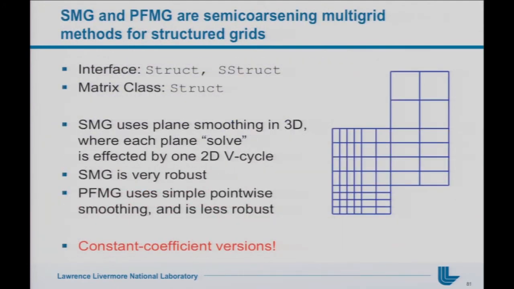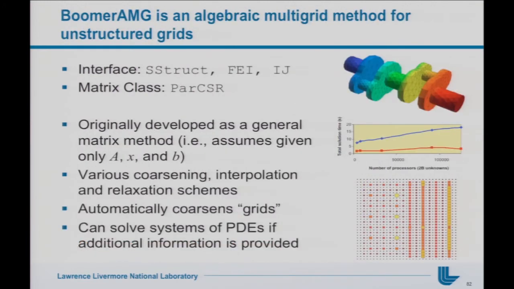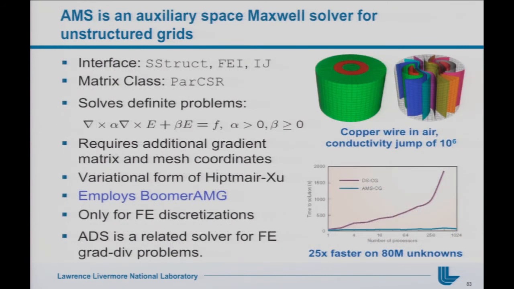Here's an example of how you set up a preconditioned CG method with multigrid. We have structured grid multigrid solvers. These use semi-coarsening, these 2 methods. We also have a completely algebraic multigrid method, BoomerAMG. And if you look at the slides later, this shows you which interfaces will give you access to these solvers.